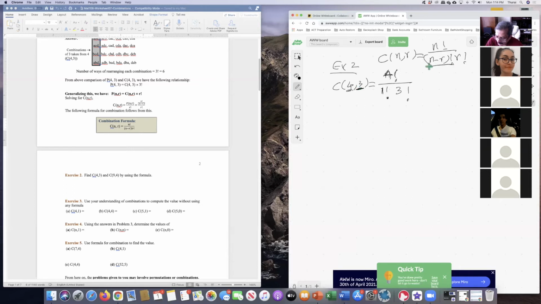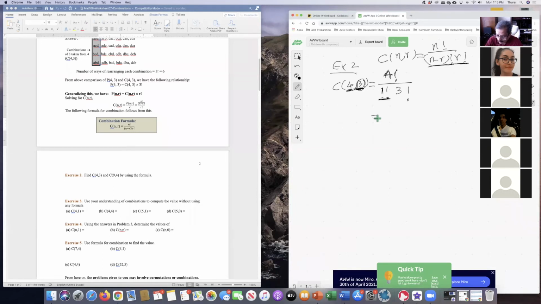N minus R factorial times R factorial will be in the denominator. N minus R in this case is 4 minus 3, and that's 1. So it's factorial 1 times factorial 3. Factorial 1 is 1. I know you may be asking the question, factorial 0 is 1 and factorial 1 is 1? Yes.